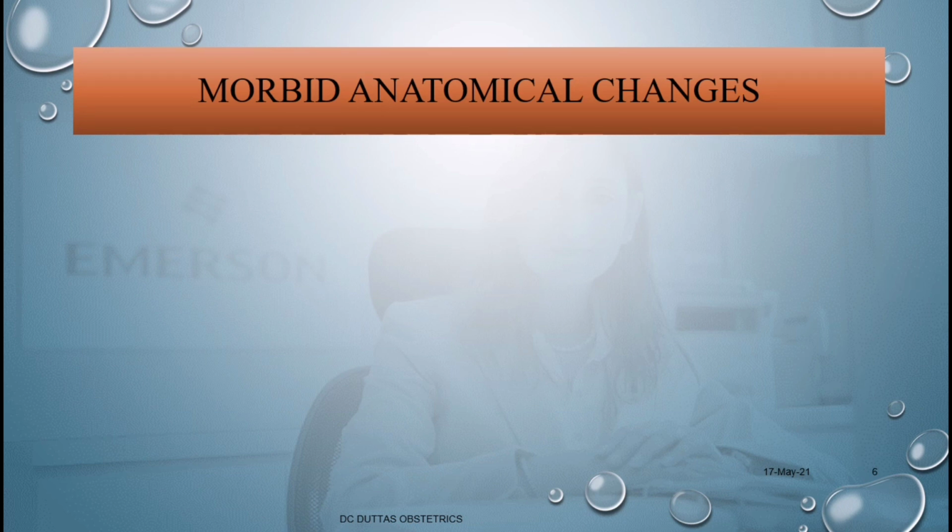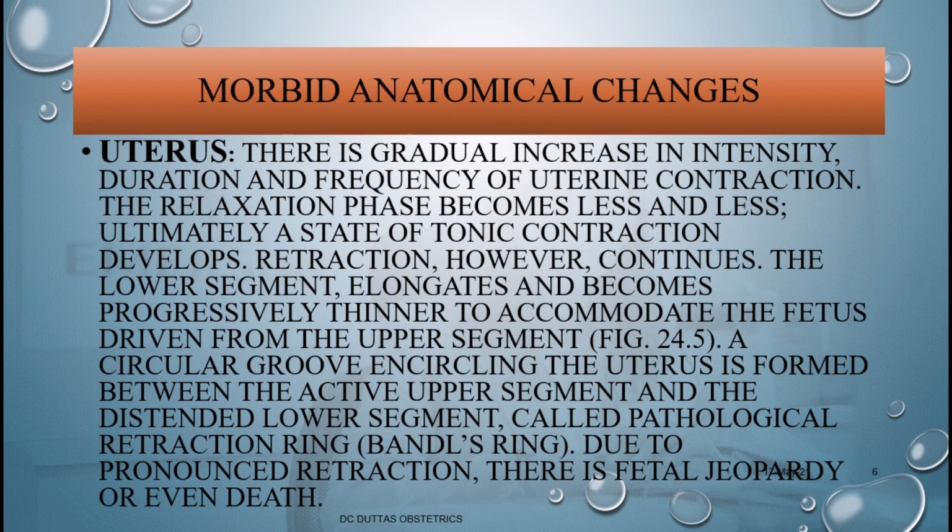Now to morbid anatomical changes. In the uterus, there is a gradual increase in the intensity, duration and frequency of uterine contractions. The relaxation phase becomes less and less. Ultimately, a state of tonic contraction develops. The retraction, however, continues.